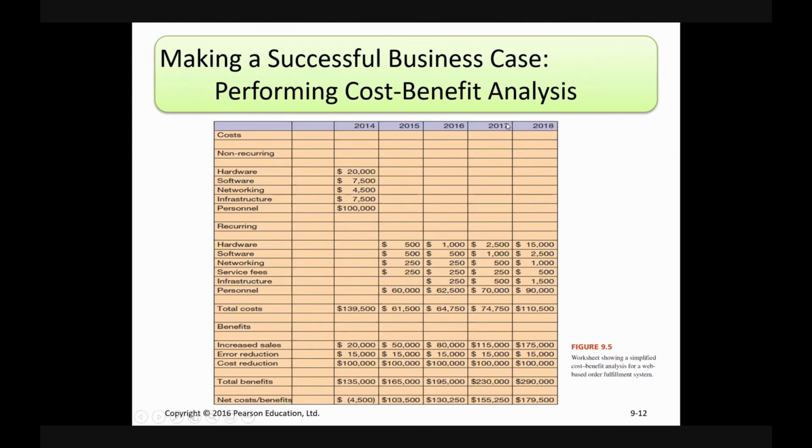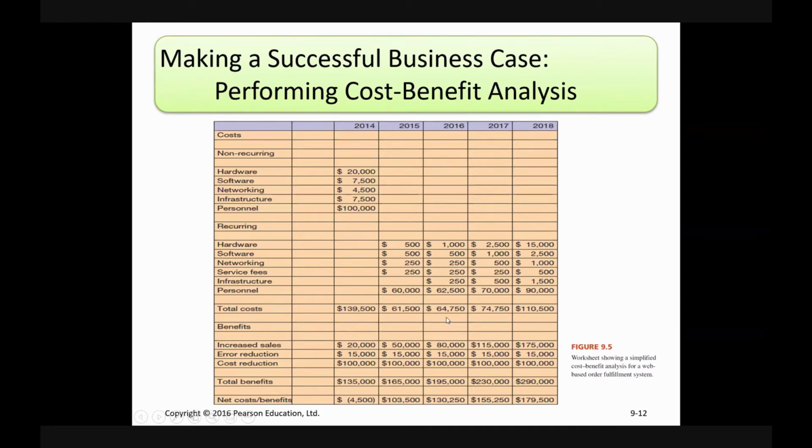So historical data will also be there. Then we have recurring. Recurring means the continued cost, the service. In 2015, for the hardware, we have 500. In 2016, we have 1,000, 17, 2,500, and 15,028. Like this. Then we have a total cost year-wise.